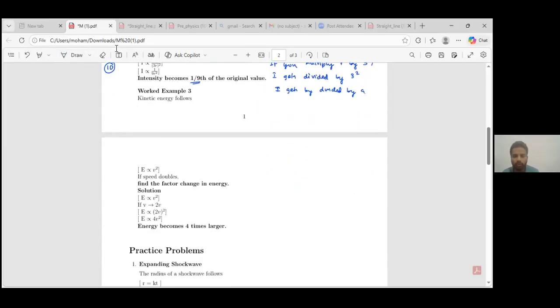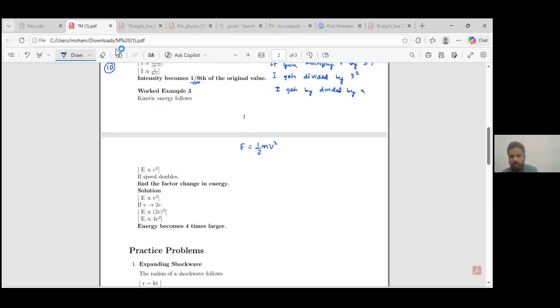Now there's another example you can see. The kinetic energy follows this relationship: E is proportional to v squared. Actually the equation for kinetic energy is E equals half m v squared. It is the usual equation.